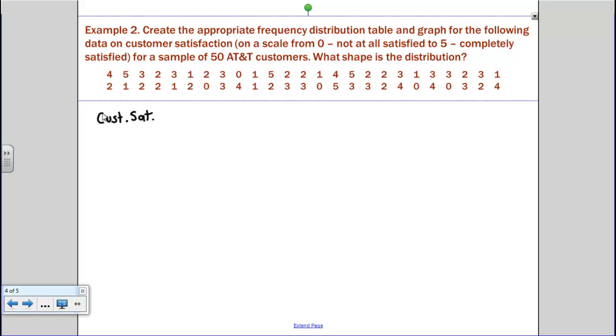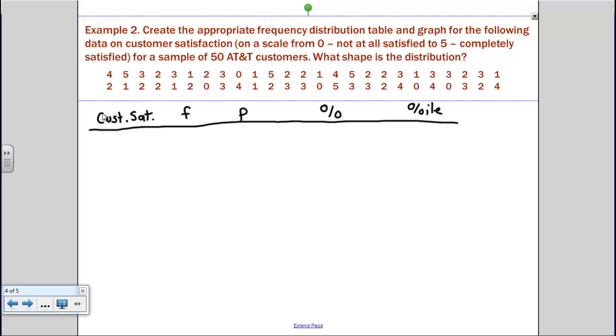Then I'm going to have the frequency of how many customers rated themselves with a particular level of satisfaction. Then I'm going to have the proportion or the probability associated with each level of customer satisfaction, then the percent, and then the percentile. I'm just going to draw a line under this and start plugging in my values.